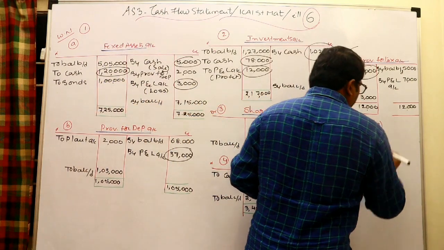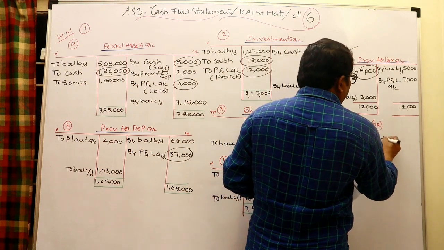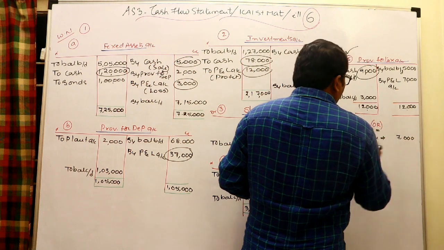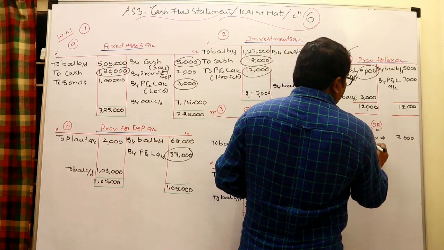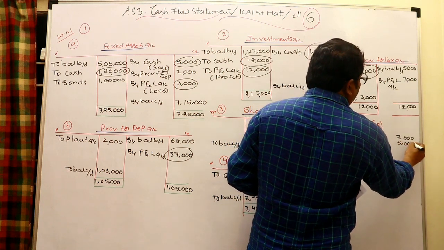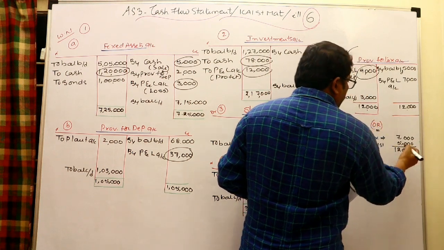There is an alternate method also. What is the current year tax expense to you? Current year tax expense is given as 7,000. To this add previous year outstanding and current year. Previous year 5,000, current year provided 7,000, totally 12,000.